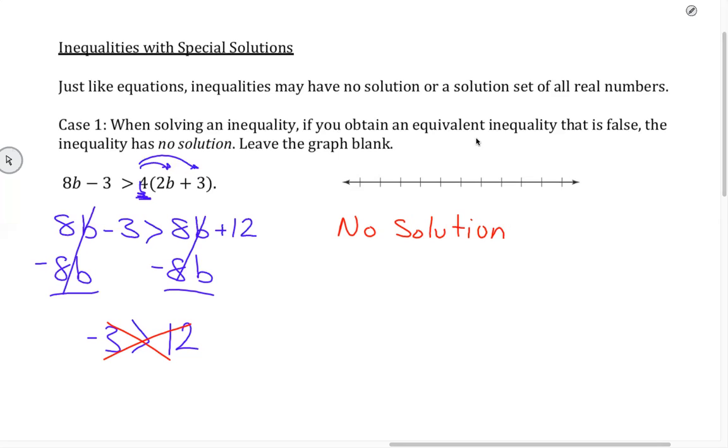But that makes sense, right? How can you have a number -3 being greater than the same number plus 12? It doesn't seem to make sense. So this is no solution. Jack, you okay with that, buddy?